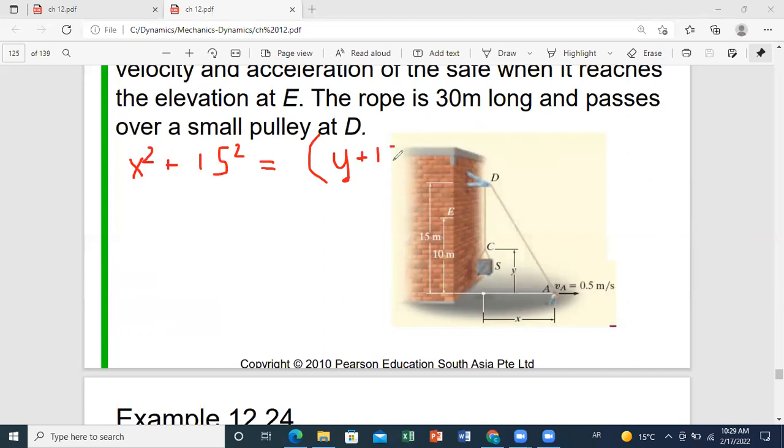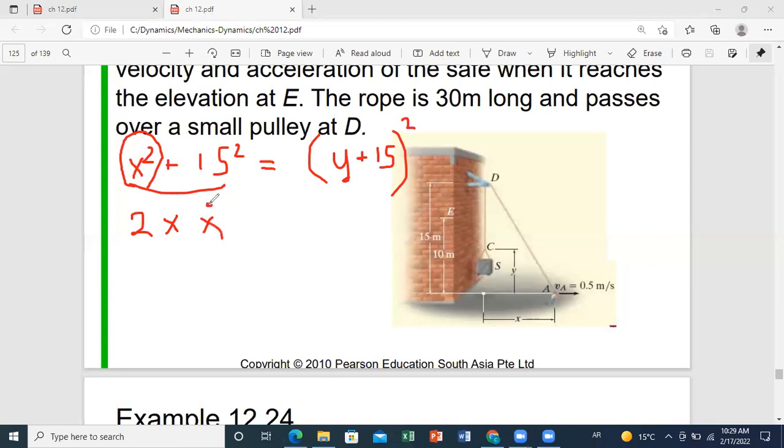Now let us derive with respect to time. The derivative of this term is 2 times x times dx by dt. So I'm using the chain rule. This is a function of x. I derive first with respect to x. It will give me 2x. Then I multiply by dx by dt. So I get x dot.